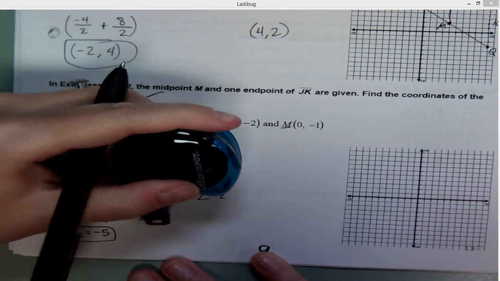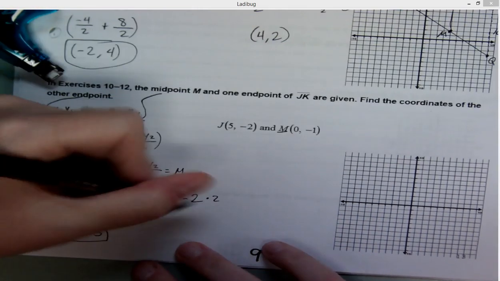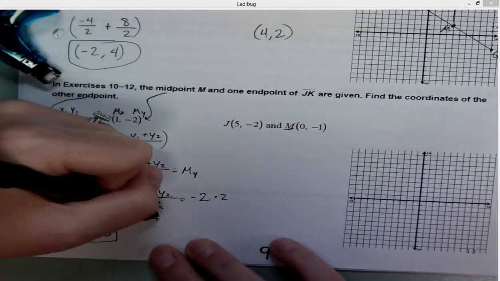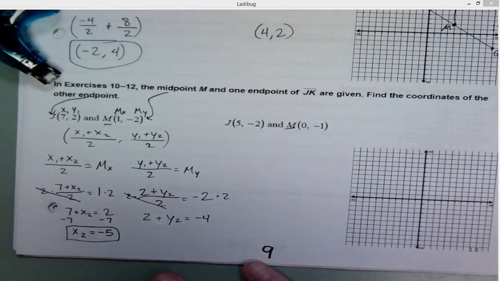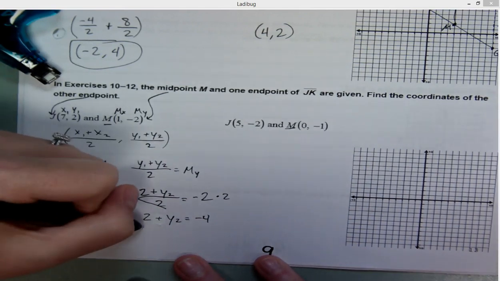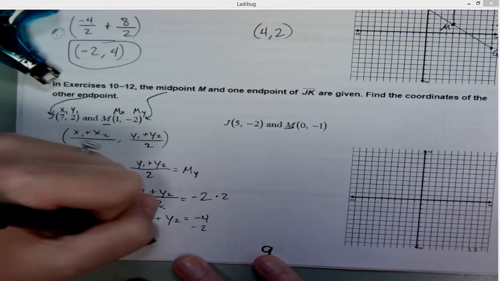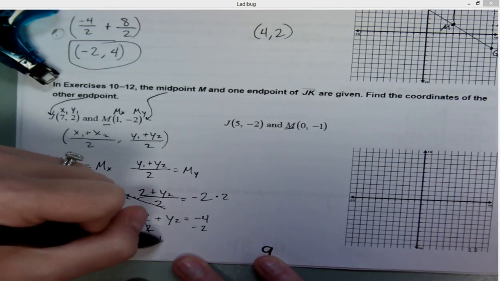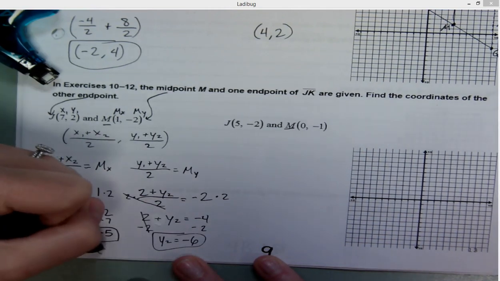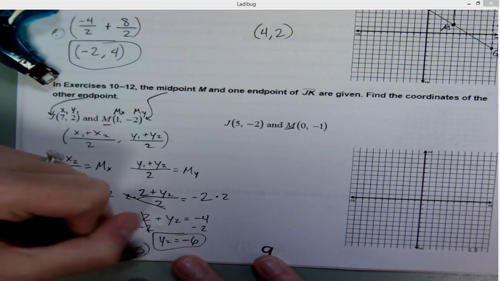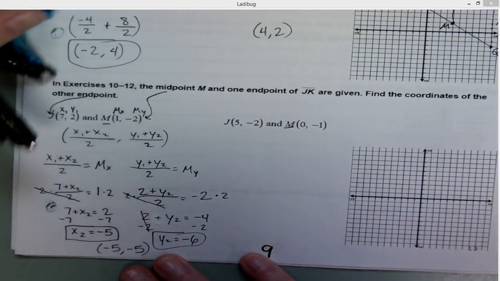Didn't mean to write x, I'm going to write a plus sign. 2 plus y2 equals -4. And then we want to subtract 2 on both sides to get y2 all by itself. And you end up with -6. So our final answer is -5, -6.